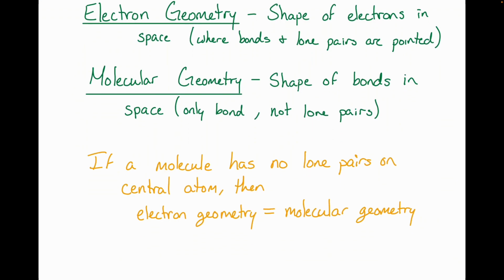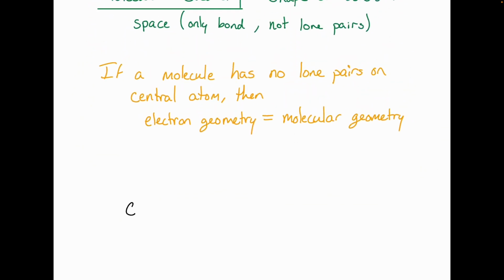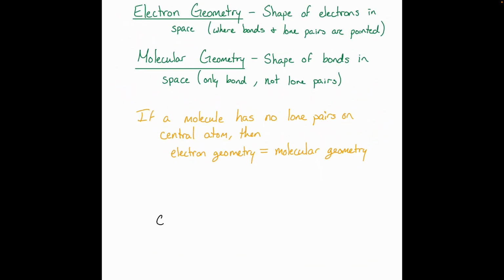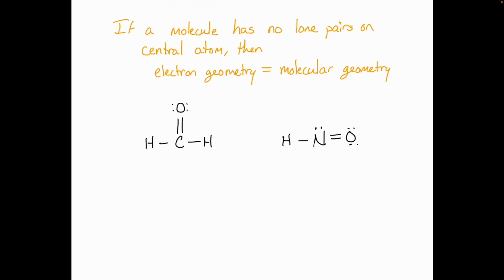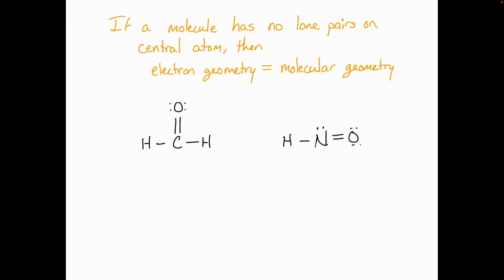Okay, so if we take two examples, one that we did before, and then we'll do a different one. Okay, these two molecules here, they both have number of electron regions equal to 3.